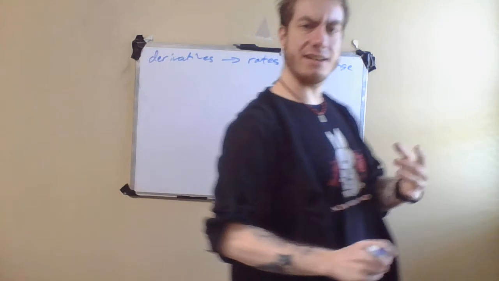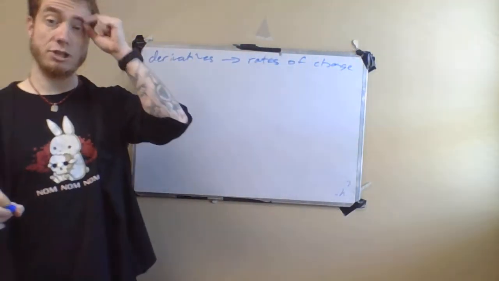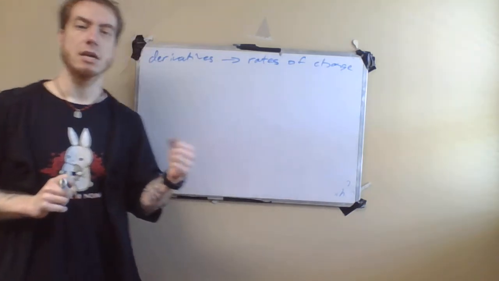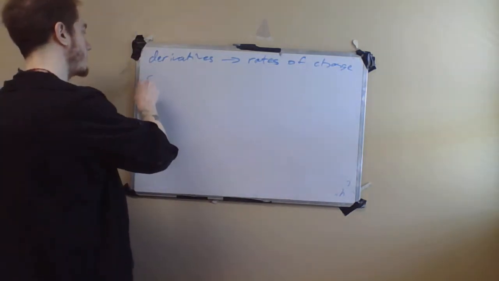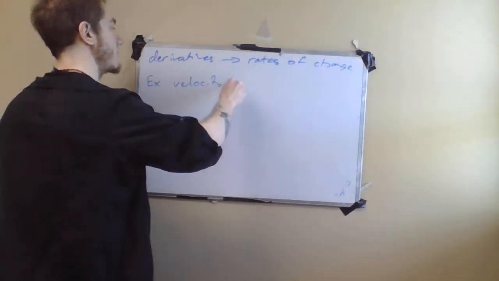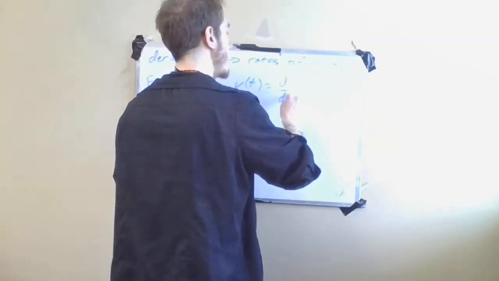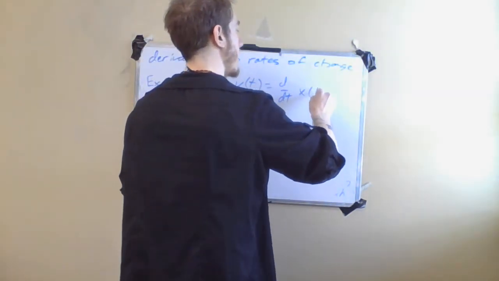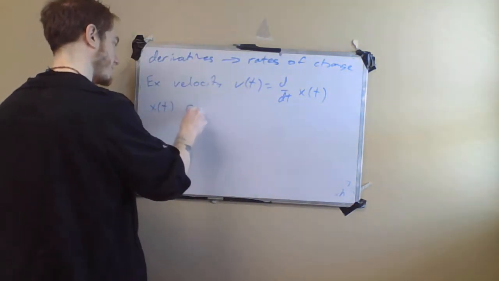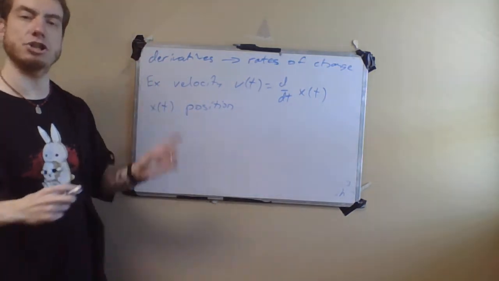When we came up with the idea of the derivative, we were really looking for the rate at which one quantity is changing with respect to some other quantity. So, for example, the velocity v of t is supposed to be the derivative with respect to time of the position x of t. It is the rate at which the position is changing.